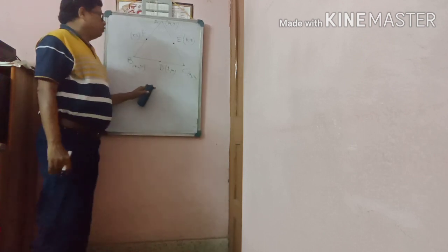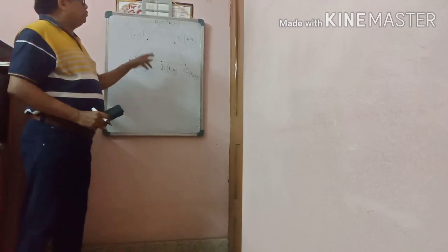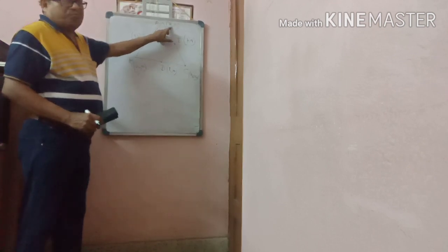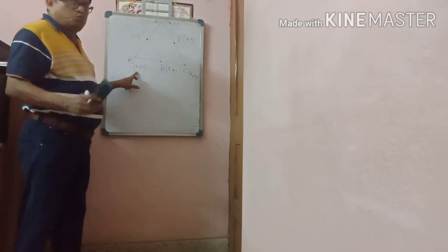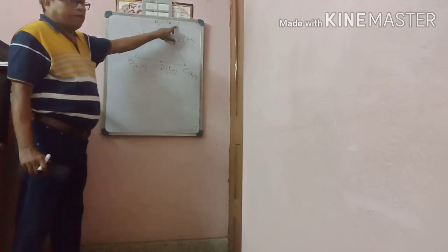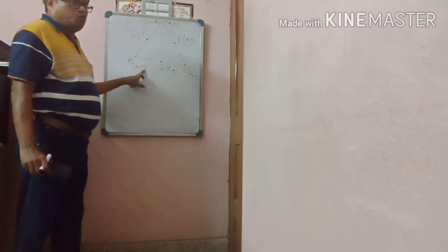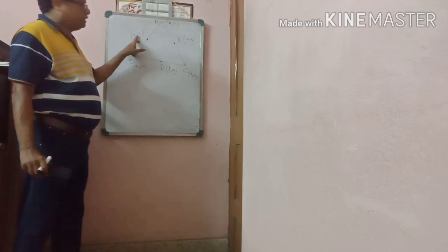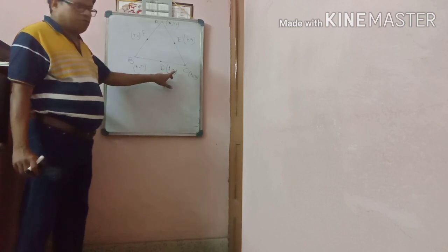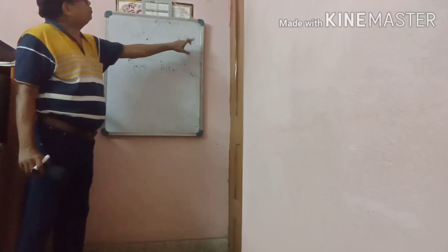Remember, we know this is a midpoint. So (x1 plus x2) by 2 equals R, and (y1 plus y2) by 2 equals S. Similarly for L, M and P, Q.